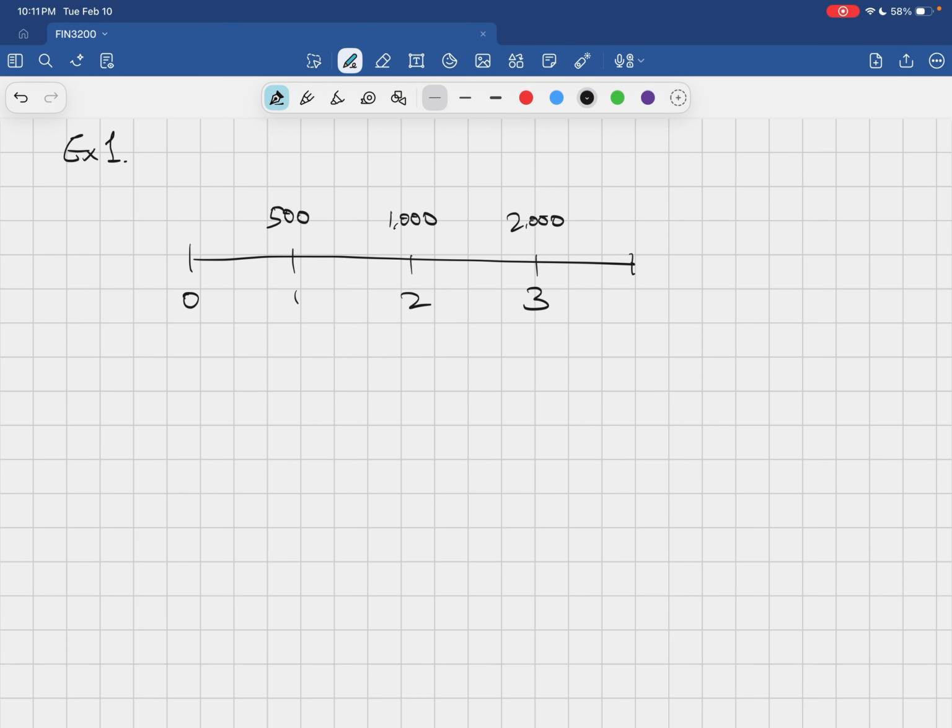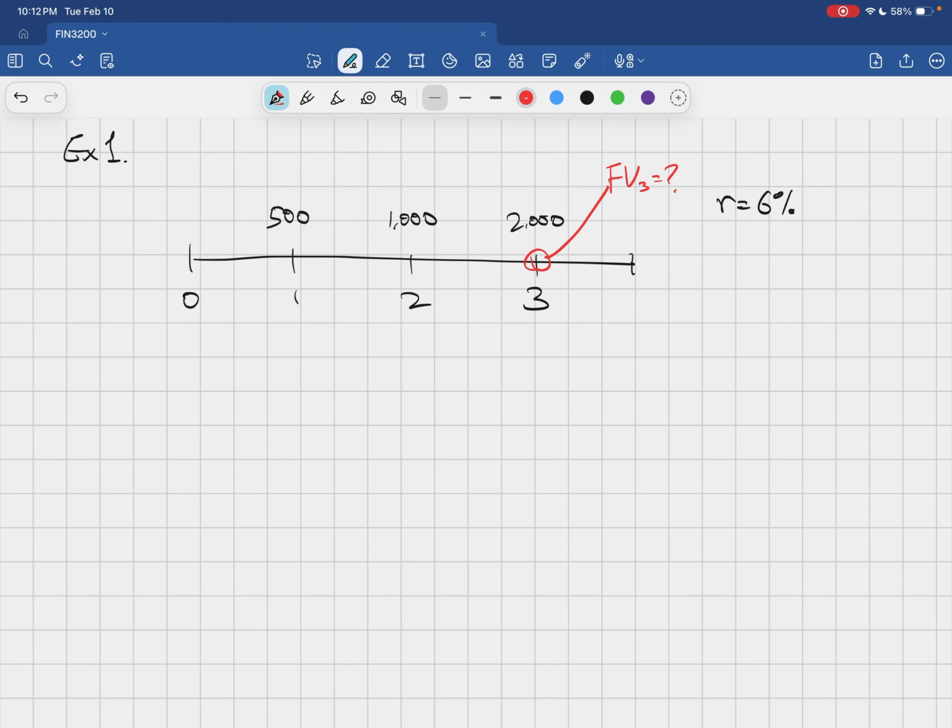Okay, and you can earn an annual rate of return of 6%. So R is 6%. And I want to clearly indicate what you're solving for. It says, how much would you have in your account immediately after your parents' last deposit? The last deposit occurs in year 3, so we want to solve for the net future value as of year 3.